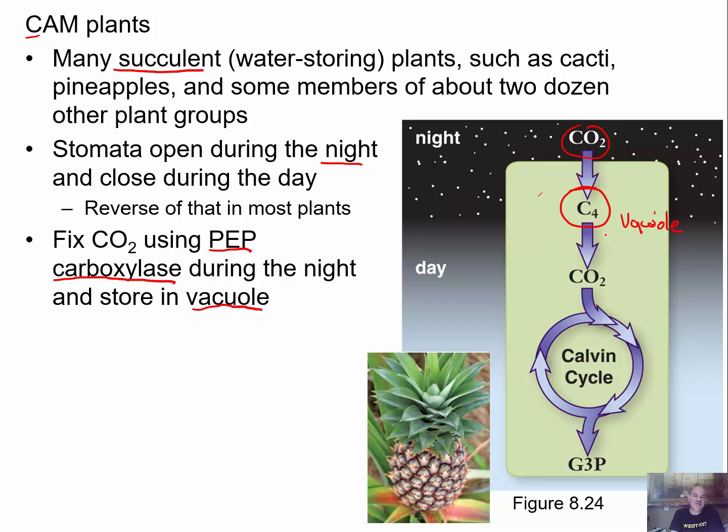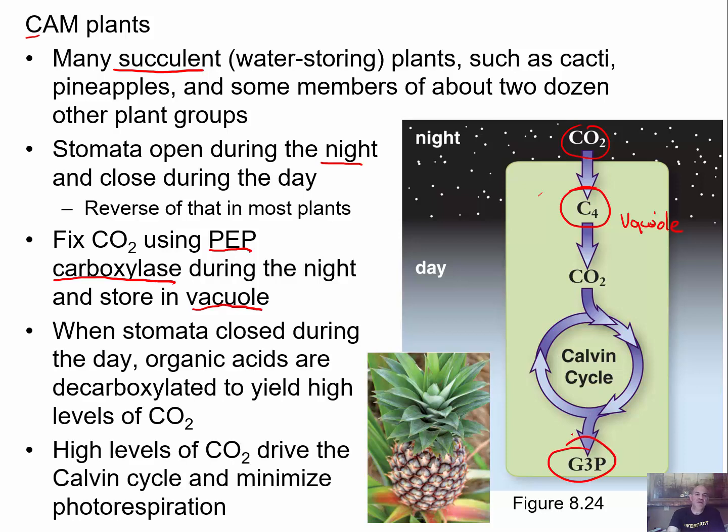And then during the day, close the stomata and have those organic acids decarboxylate and release the CO2, and now you'll have plenty of CO2 during the day to go through the Calvin cycle and produce our simple sugars. So in this way, we're going to minimize photorespiration from occurring. That's a good thing.